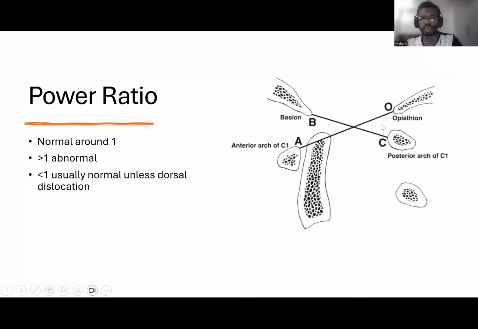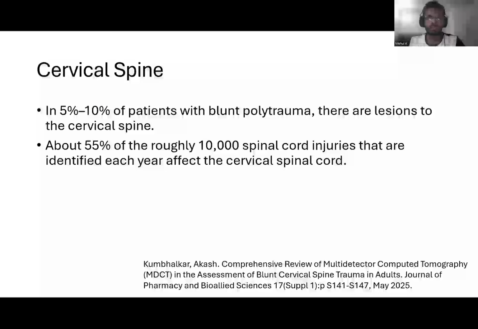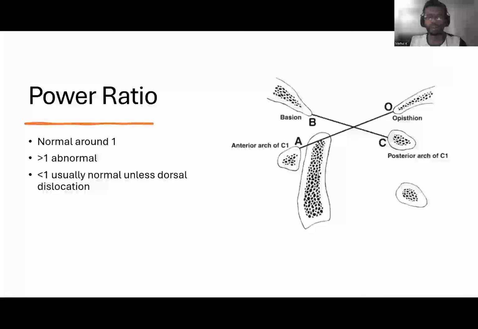Now if the BC distance becomes bigger and bigger and is almost equal to or more than the AO distance, that is when you start suspecting atlanto-occipital dislocation. And we'll come into that more when we talk about the radiology.